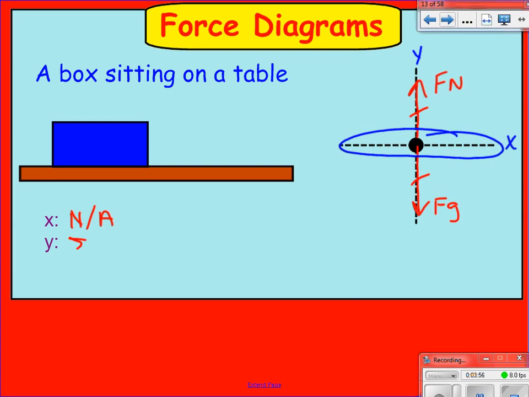So I would say the sum of the forces is equal to force normal plus force gravity. And when I add those 2 together, they should come out to be 0. The reason why you're adding them is because you're showing vector addition. But keep in mind, since they're in opposite directions, one of them would be positive and one of them would be negative. And that's why they would come out to be 0.